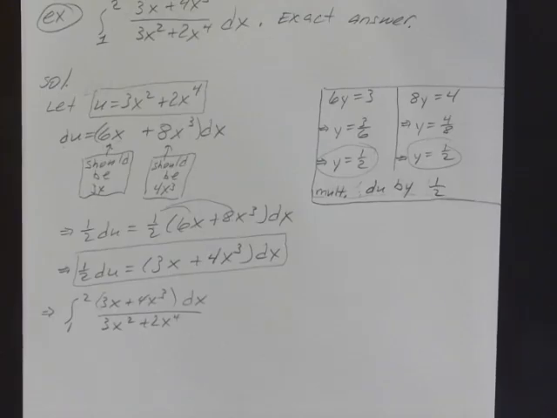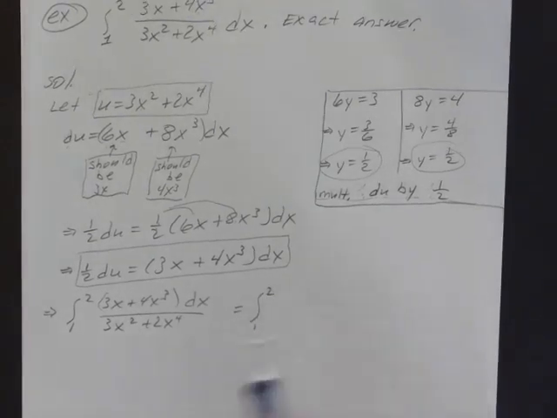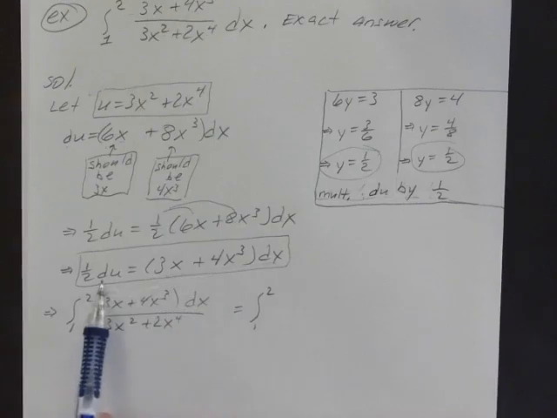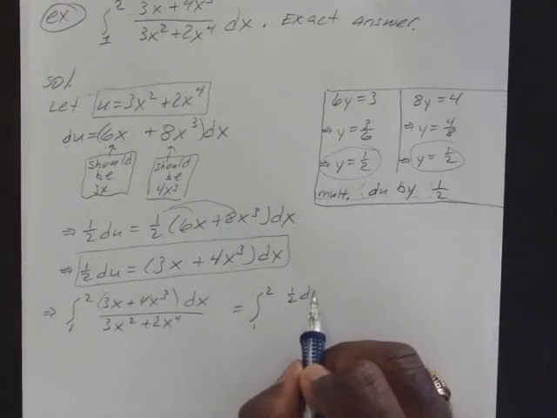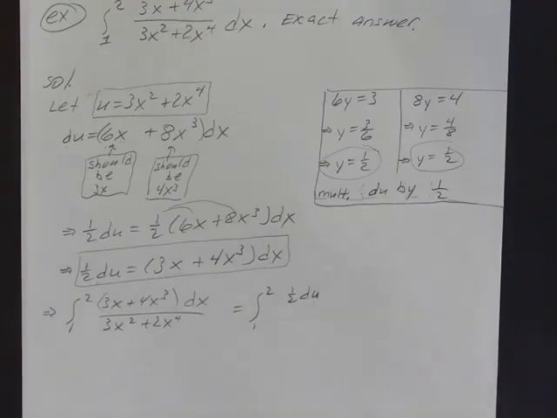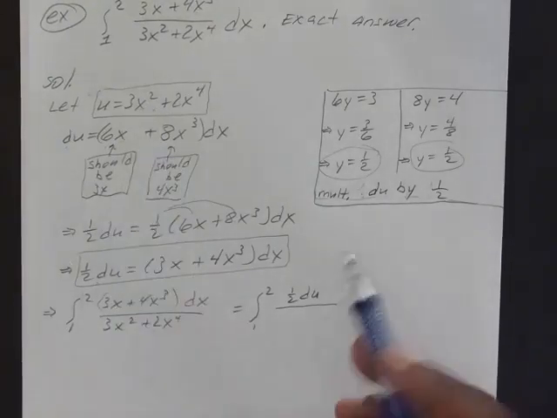Okay, and if we match it up, we can see that we have the integral from 1 to 2 of 3x plus 4x to the third power dx. We can just replace that with 1/2 du, divided by 3x squared plus 2x to the fourth power. We can just replace that with u.